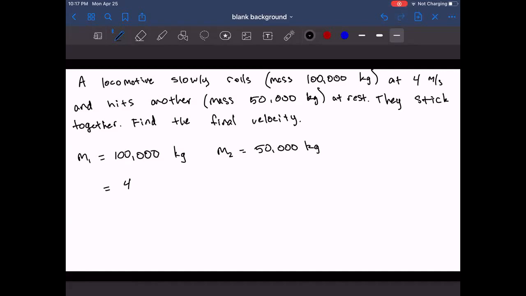What should I call that? You should call that V1I, just like before. V1I equals 4 meters per second.